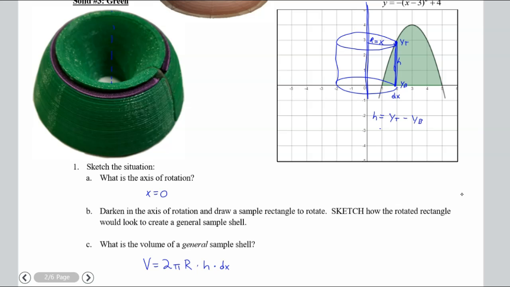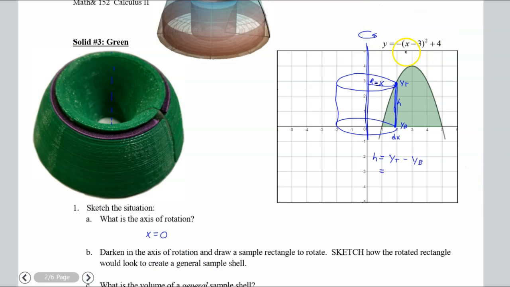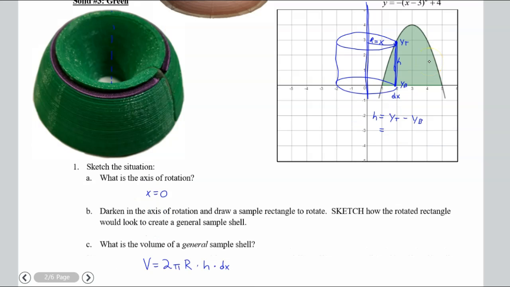The y on top, in terms of x, is negative (x minus 3) squared plus 4, so I'll write that in: negative (x minus 3) squared plus 4. That's my y on top minus the y on the bottom. The y on the bottom is always 0 in this case, which makes the subtraction easy. We're just subtracting 0, and that will be our height: negative (x minus 3) squared plus 4 for that h.